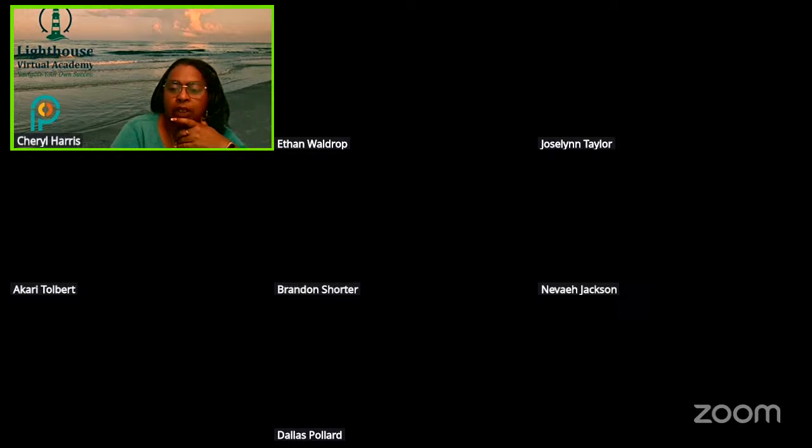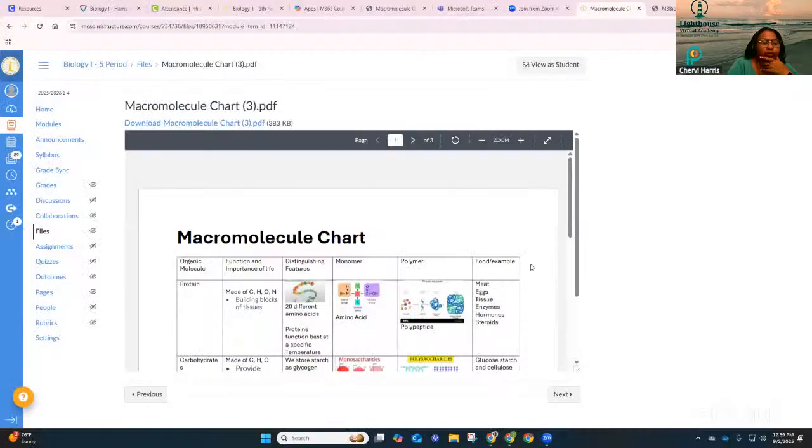Okay, so I have adjusted the copy of the macromolecule chart that's in your module now to be the completed one. All right, so the macromolecule chart is there.